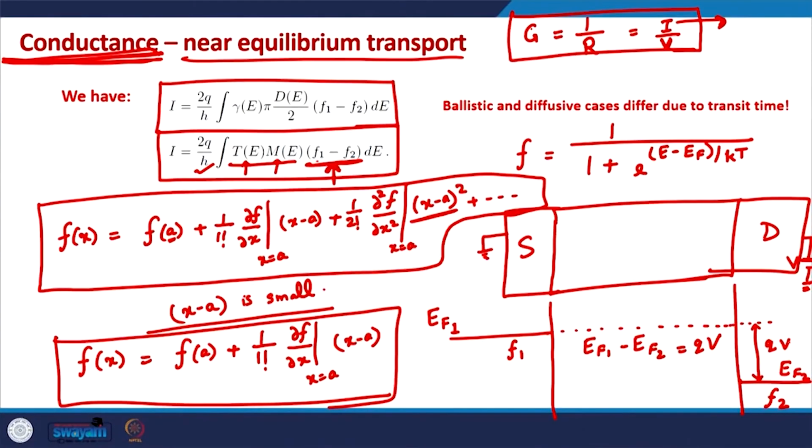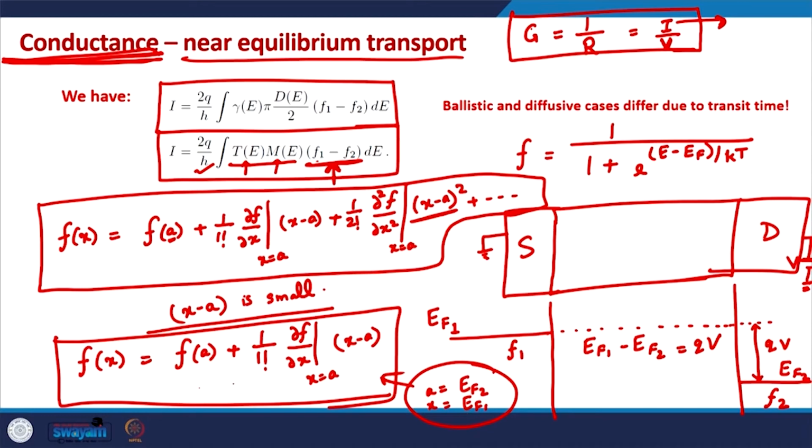So, this QV is not a big number, it is a small number, and if we expand the Fermi function, or if we put A equal to EF2 and x equal to EF1, which means that we are trying to find out the Fermi function very close to EF2, okay, and in near equilibrium transport EF1 and EF2 are close to each other.